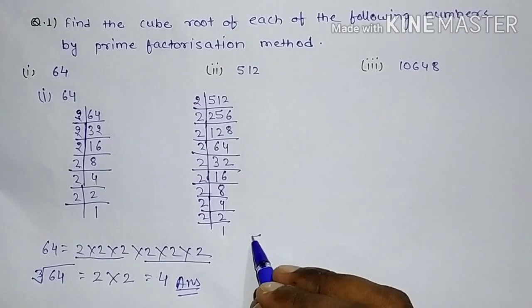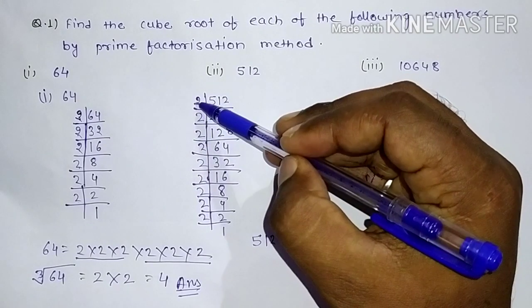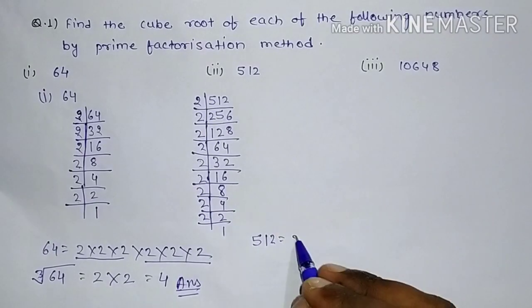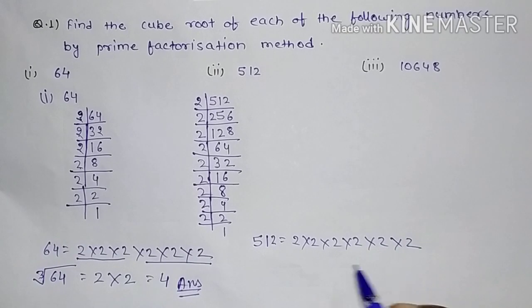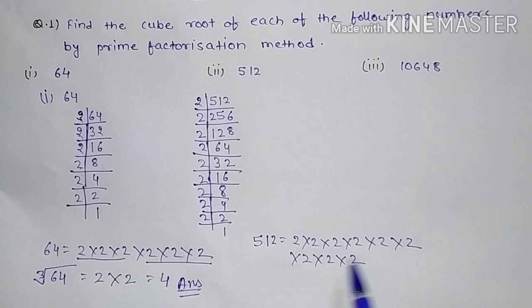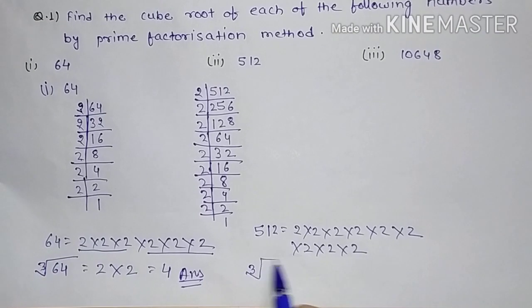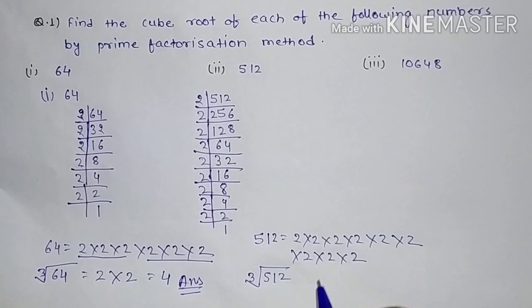So we can write 512 equals, how many 2's are here? 1 2 3 4 5 6 7 8 9. So we can write 2 into 2 into 2 into 2 into 2 into 2 into 2 into 2 into 2. So these are the factors of 512. But here we have to find the cube root of 512. So again make triplets here.